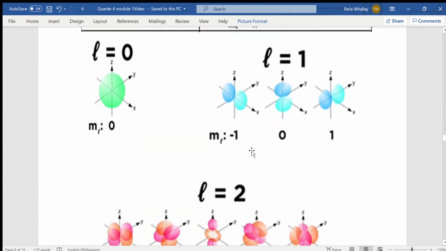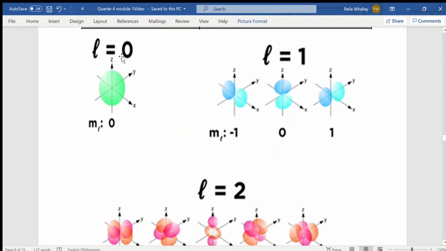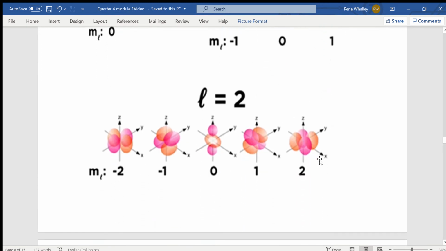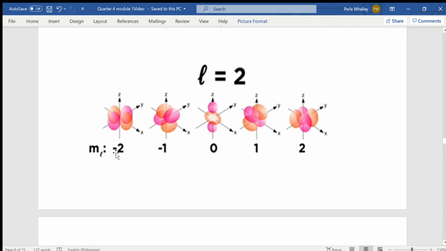So when L is 0, M sub L is 0. When L is equal to 1, both ends would be 1: minus 1, 0, plus 1. When L is equal to 2, both ends will be 2, but on the left side it would be minus 2, followed by minus 1, 0, plus 1, plus 2.